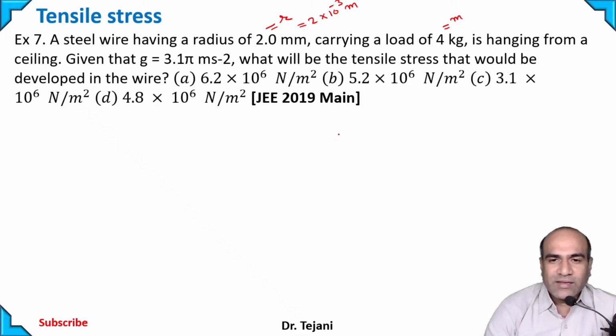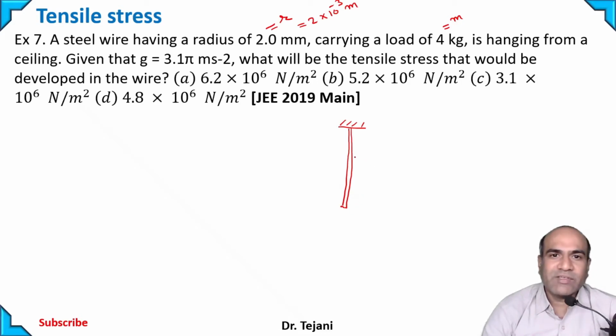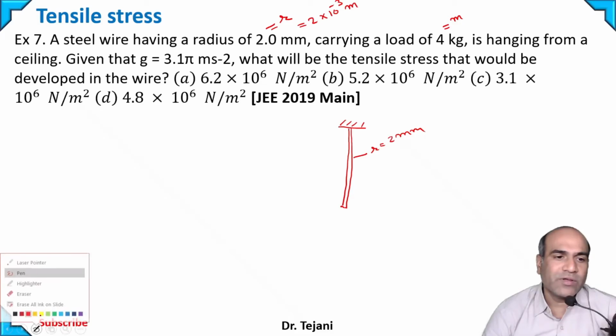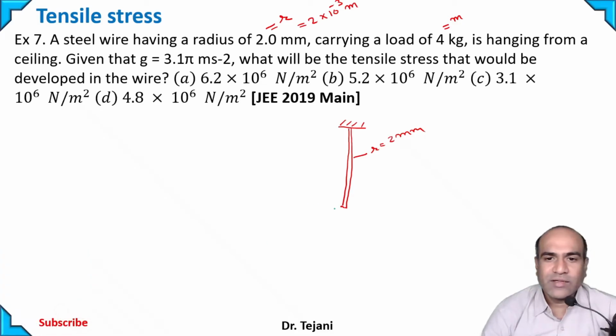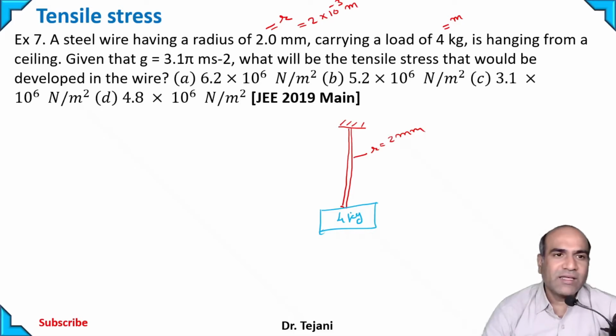Let's just draw it. Say this is our ceiling and this is a steel wire. It has a radius of 2 mm and carries a load of 4 kilograms, hanging from the ceiling.